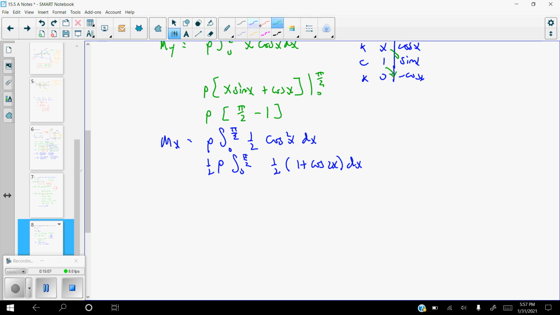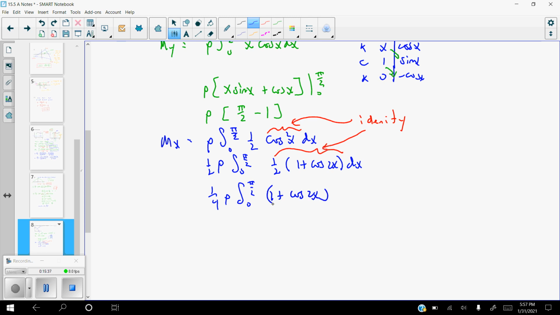Remember, this is an identity, which is this part. That's the identity. All right, just make sure I highlight that for you. So now I'm going to pull the extra 1/2 out to the front. We get 1/4 rho, 0 to pi halves of 1 plus cosine of 2x dx.